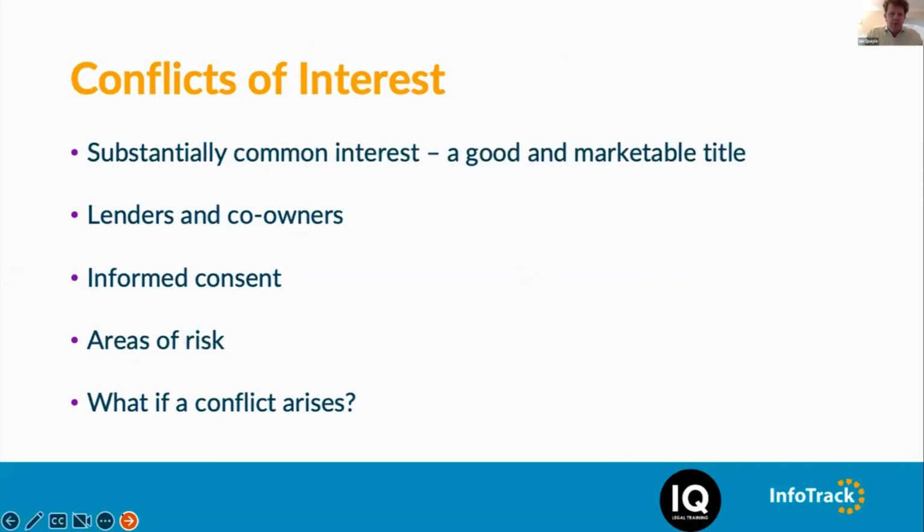Conflicts of interest we've got to be careful with. We almost have to appreciate that in any residential transaction, when acting for an institutional lender and the lay client, there is a substantial common interest, namely the acquisition of a good and marketable title. There can, however, be a divergence from time to time between lenders and our borrower-buyer clients.